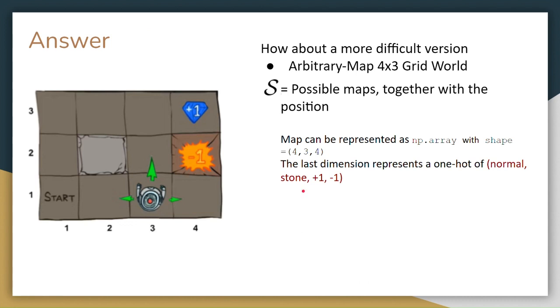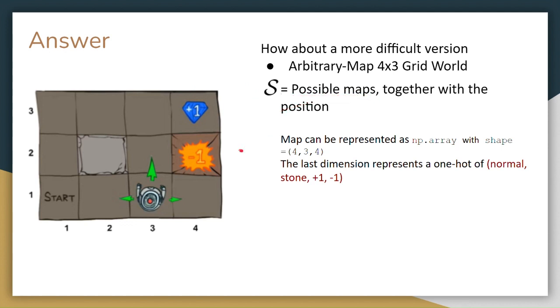So the answer to the previous question: if you play this arbitrary 4x3 grid world game, what is the state space? The state space has to be two things: all possible map information together with the position. In the fixed map case, you have only position information, but in the arbitrary map, the environment has to send the position as well as the current map to you.